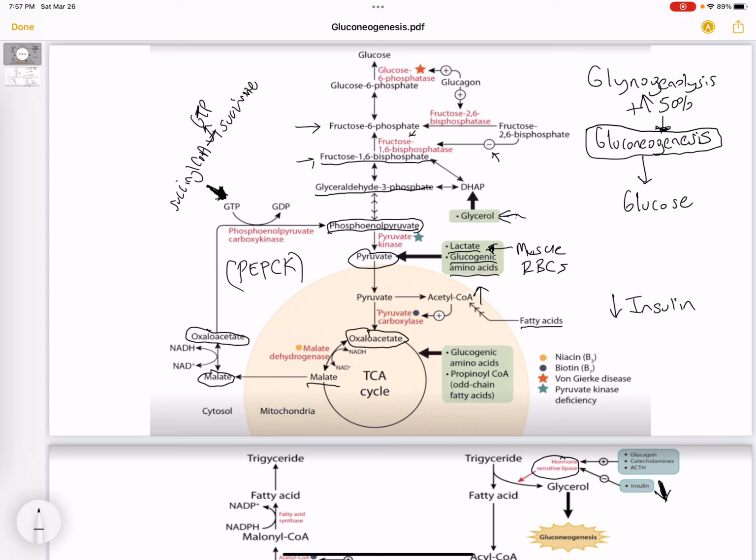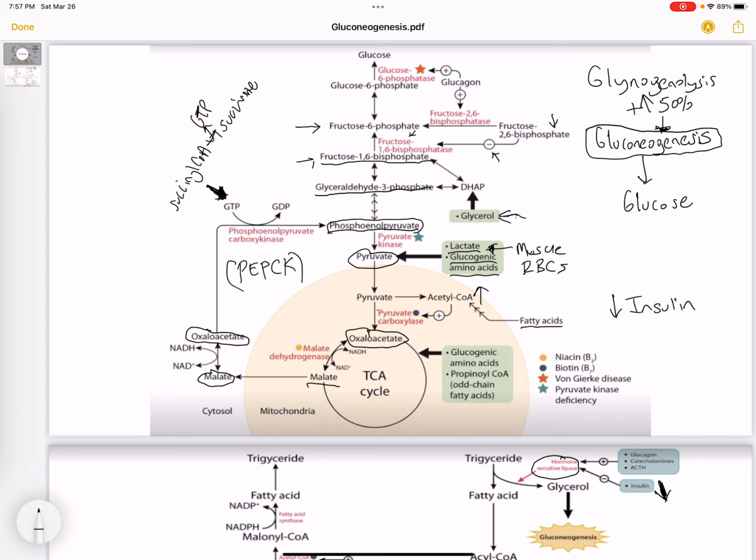And in order for this gluconeogenic pathway to continue, we need low levels of fructose 2,6-bisphosphate so that it does not inhibit the enzyme fructose 1,6-bisphosphatase, so that fructose 1,6-bisphosphate can be converted into fructose 6-phosphate.